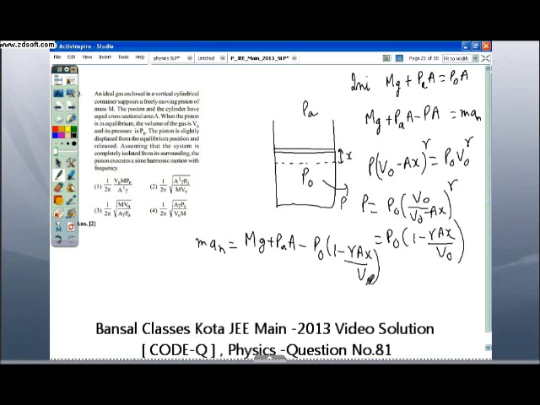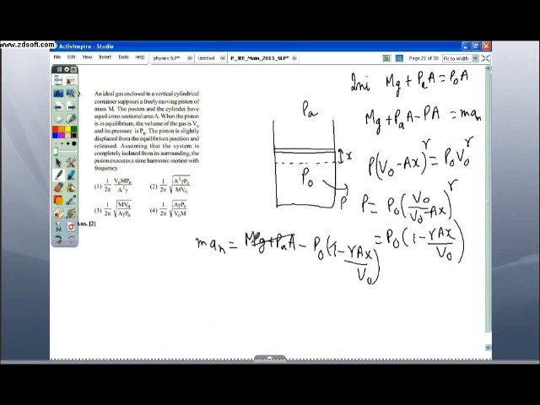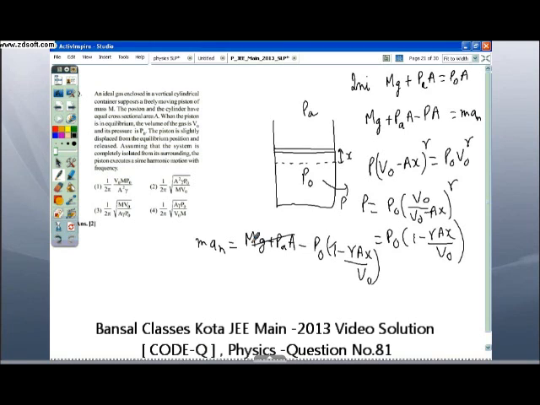So this mg plus P atmosphere into area is equal to P naught into area, so this gets cancelled with this, and in other words acceleration is equal to minus P naught gamma A square into x upon m V naught.